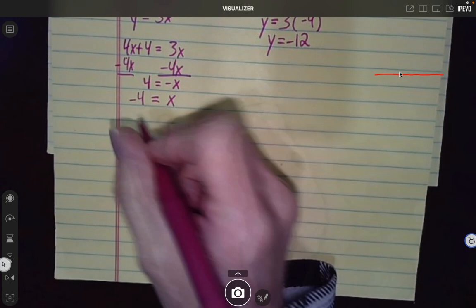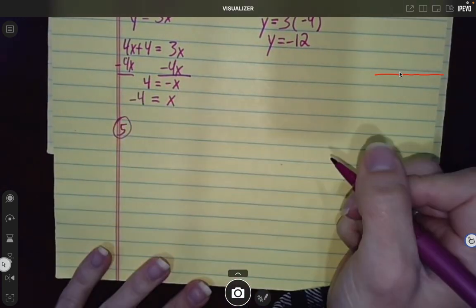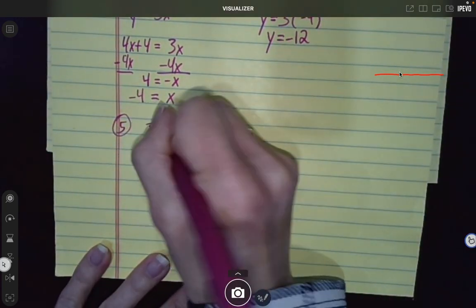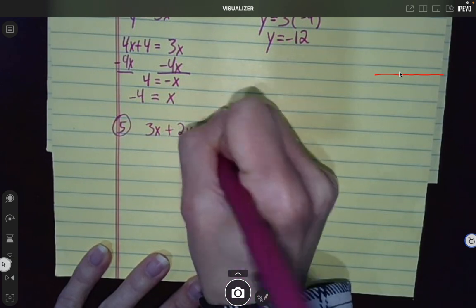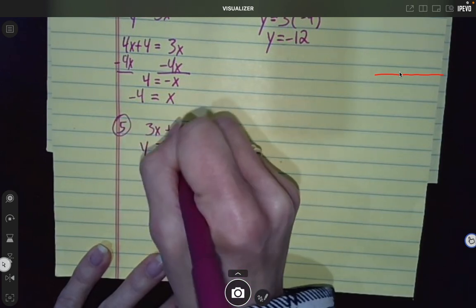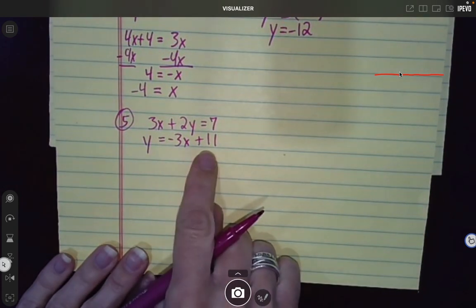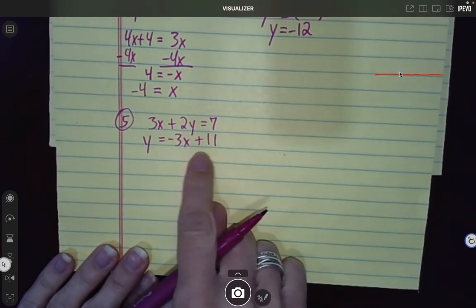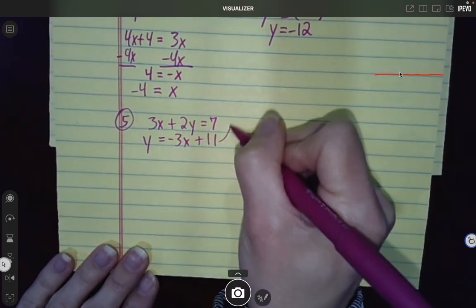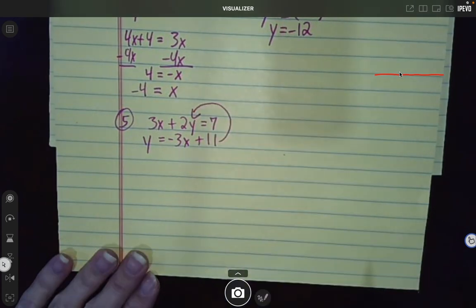Number 5, it says 3x plus 2y equals 7. Y equals negative 3x plus 11. And I'm still under the substitution. These 3 problems are all substitution. So what am I going to do with this y equals? I'm going to plug it in for y.